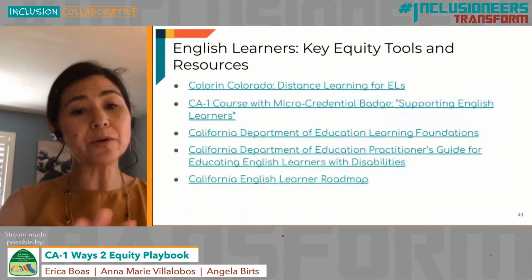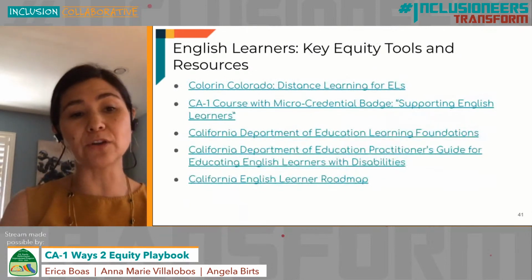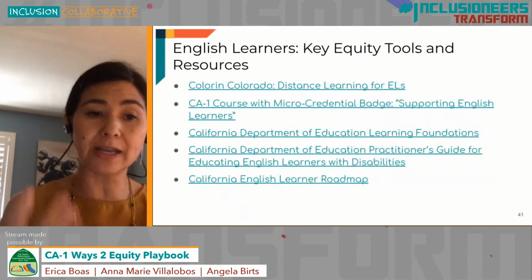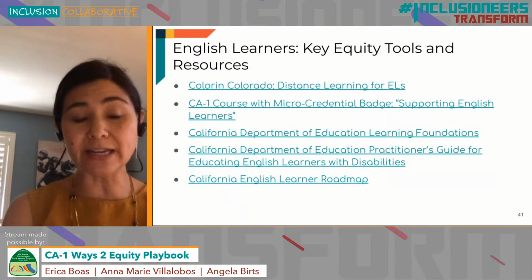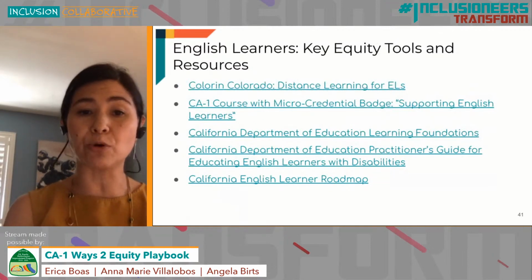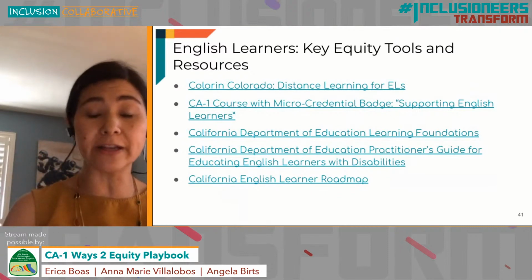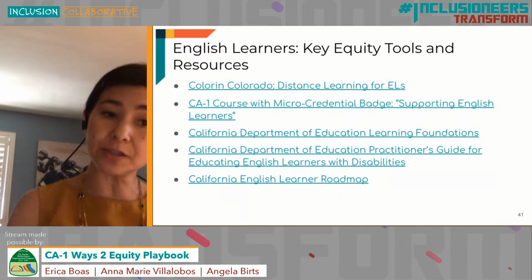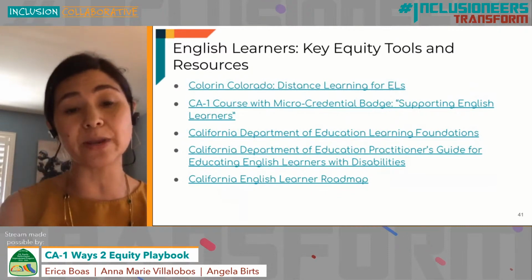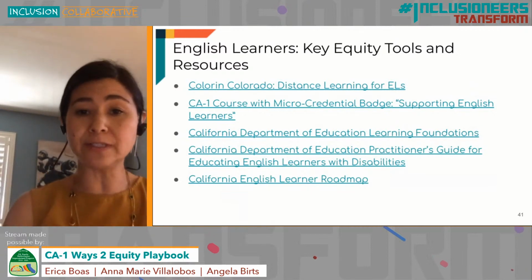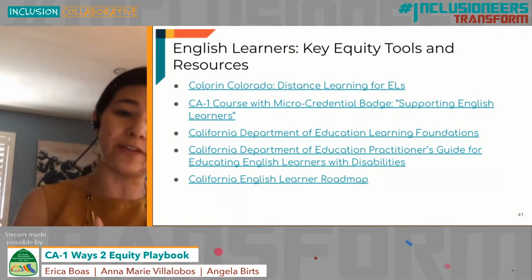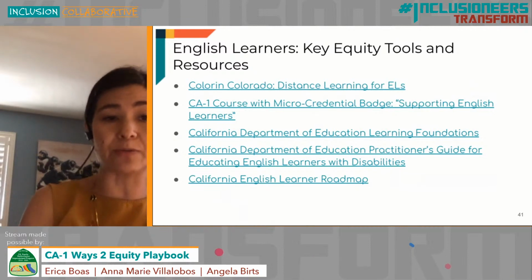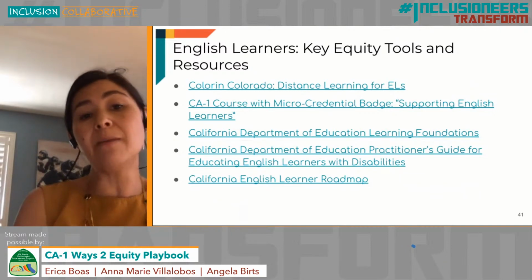And here, I won't go into all of these in great detail, but I want to, again, suggest that you go to our presentation that's linked as an attachment to our portal. And these are all clickable tools and resources that are also found in our Ways to Equity playbook. So we have Colorín Colorado, distance learning for ELs. And this is especially important given what I just talked about with respect to remote learning.